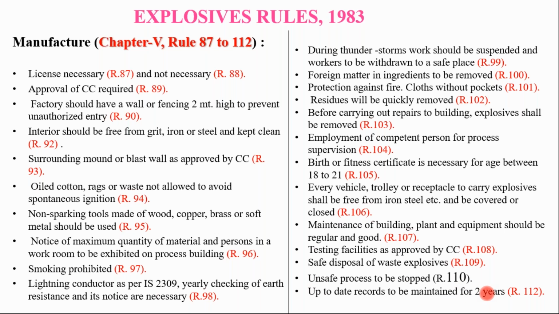So we have to maintain records that we are using this raw material for manufacturing, we are using this process for manufacturing this product, we are going to manufacture these products in that quantity with that quality, and we have transported these explosives from this place to that place with a particular van, that is an explosive van, with all these precautionary measures. All these things should be maintained by the factory manager with reference to rule number 112.